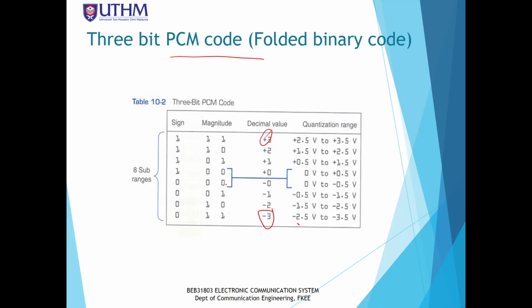Kalau kamu lihat di sini adalah 000, 001, 010. So kalau kamu lihat di sini adalah 0, 1, 2, 3, 4, 5, 6, 7. Okay, so ini kaedah folded binary. Boleh juga kalau kita buat kecil sehingga besar, 0, 1, 2, 3, 4, 5, 6, 7. You can do like that also.